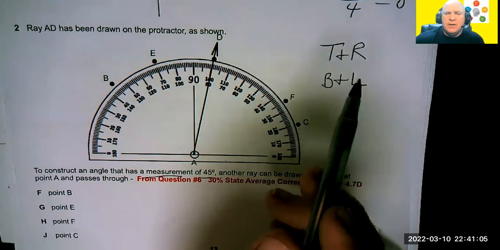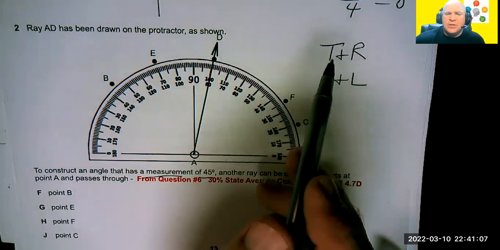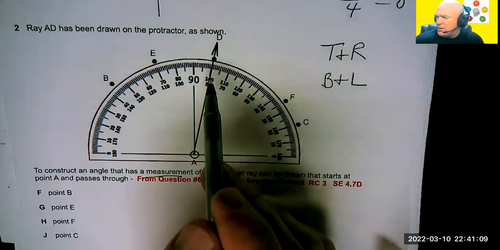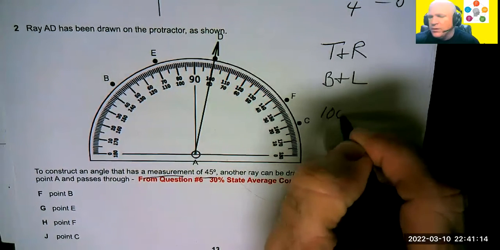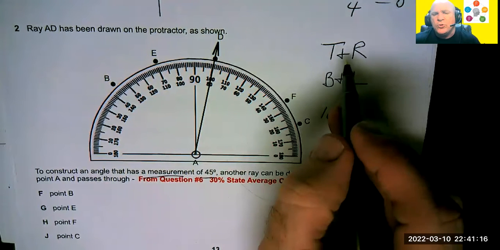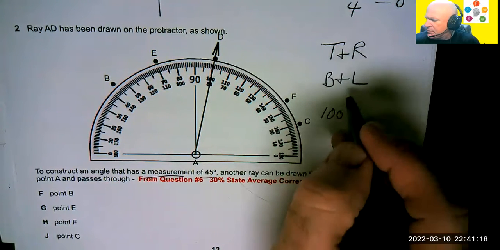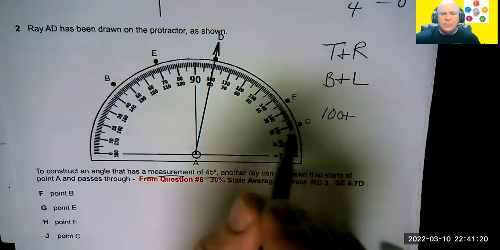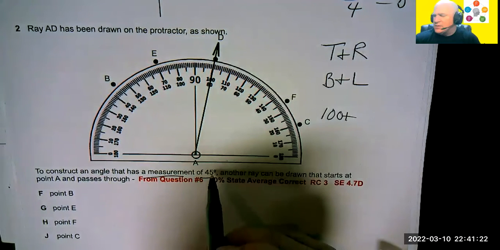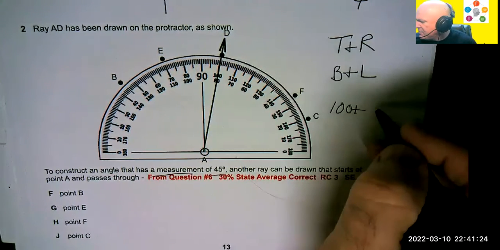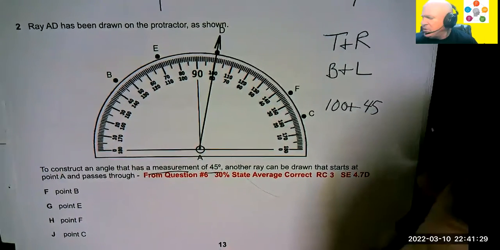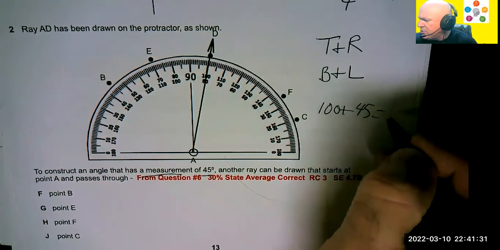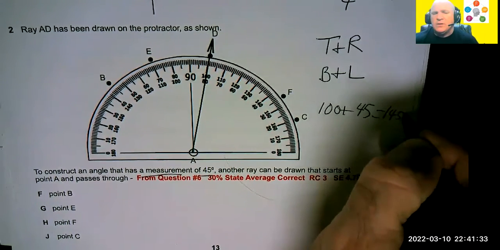what it's really meaning is if you're looking at the top measurement, the 100, you're going to go to the right by the measurement that's given, 45 degrees, and you add up what you get, which is 145 degrees.